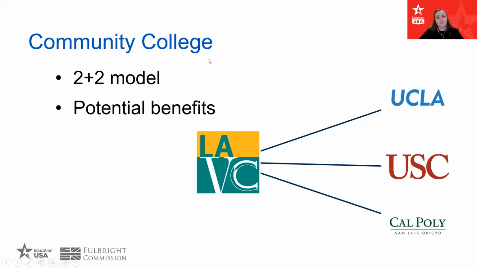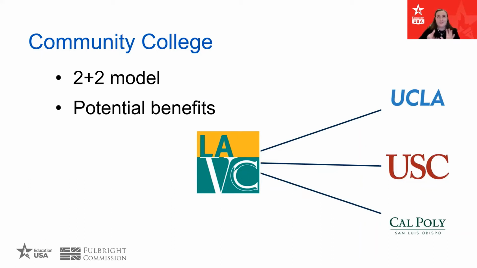A community college works on a 2+2 model, which essentially means that a community college program is 2 years long. After that, you usually are awarded an associate's degree, which is not something we necessarily have an equivalent of in the UK, but it's often a more professional or vocational qualification.